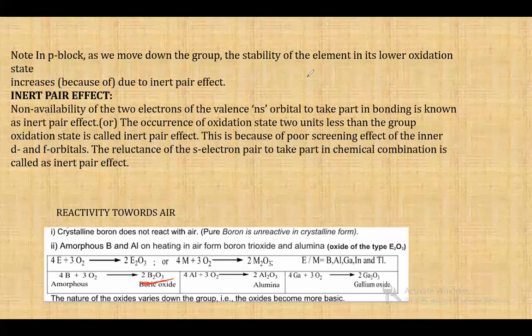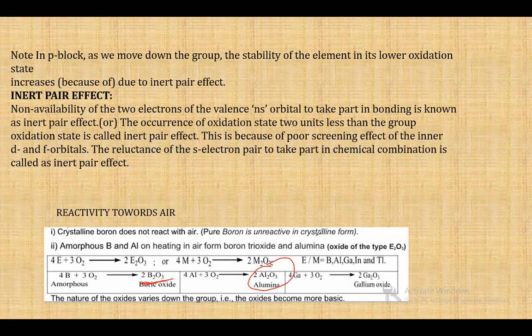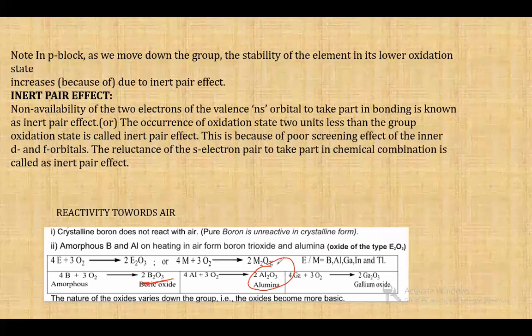Aluminum reacts with oxygen to form alumina, Al2O3, aluminum oxide, which we also call corundum. Next, gallium oxide Ga2O3, indium oxide, and thallium oxide.